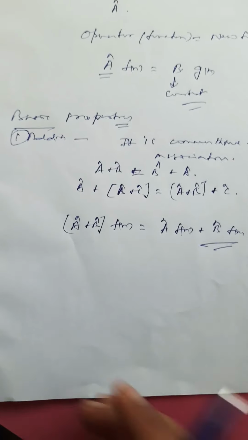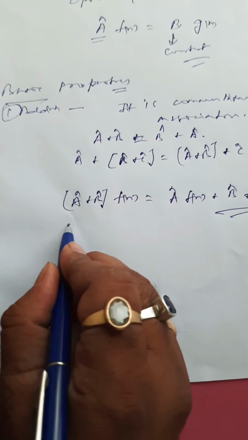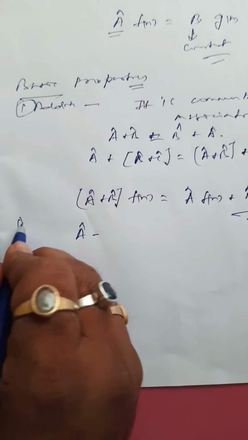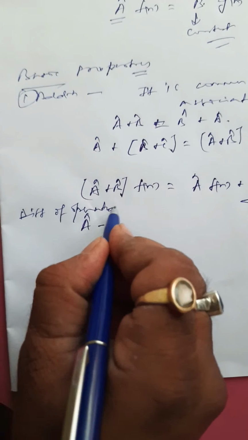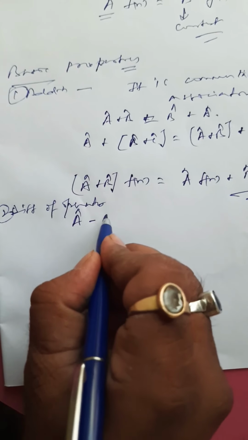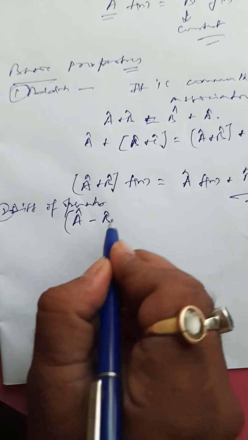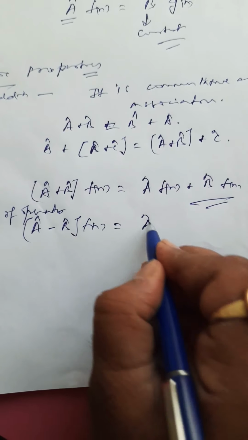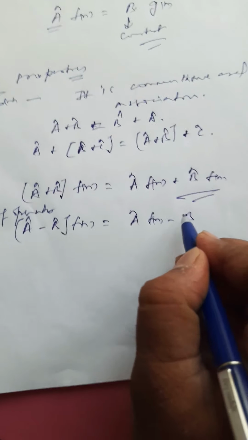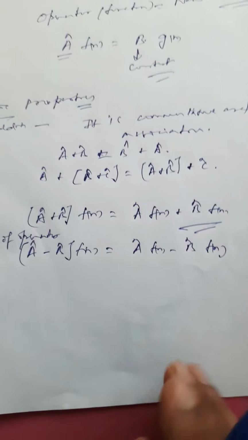Then we talk about the difference of operators, number 2: A cap minus B cap operating on f(x) must be equal to A cap f(x) minus B cap f(x).